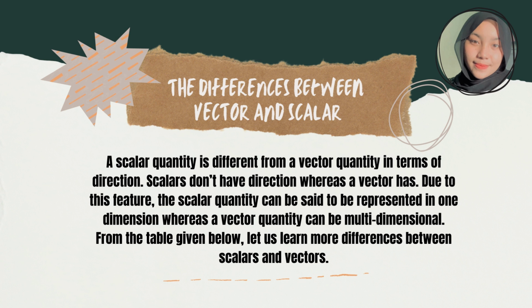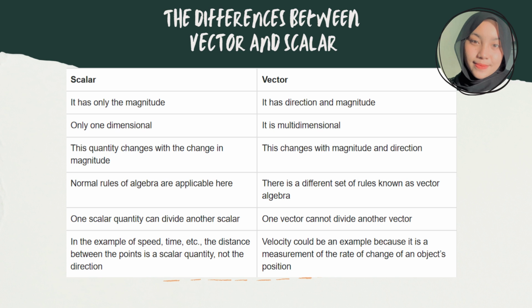Due to this feature, a scalar quantity can be said to be represented in one dimension, whereas a vector quantity can be multidimensional. From the table given below, let us learn more differences between scalar and vectors. So this is a table of the difference between vector and scalar.